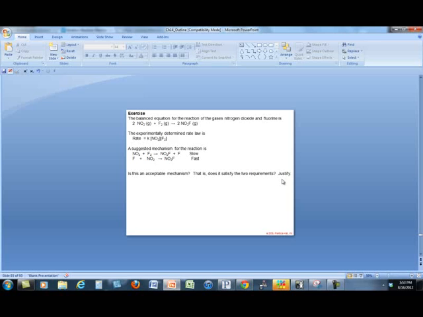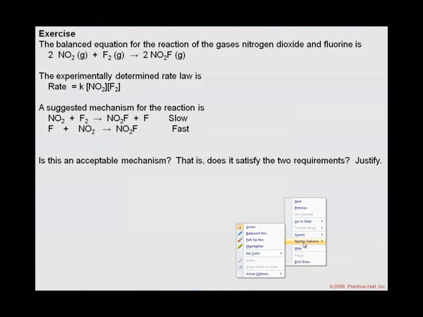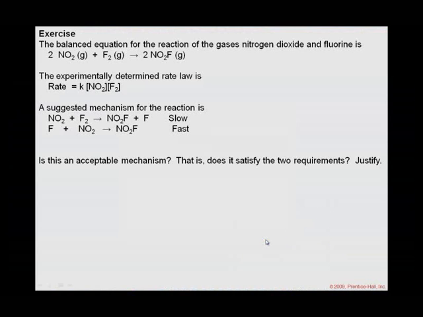First thing we want to do is take a look at the stoichiometry, and in order to do that, we want to look at what we can cancel out. So if I look carefully, I see that there's a fluorine here and a fluorine here, so that's an intermediate, and I can eliminate that.